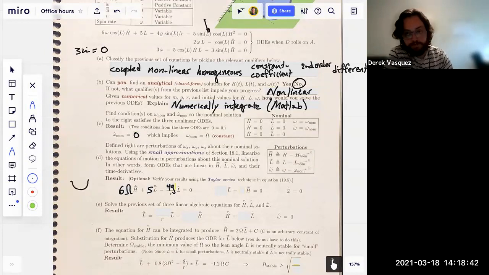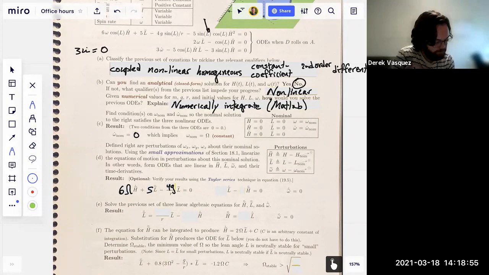It's a parabola at our nominal point of 0, where the slope is 0. So a linear approximation of H dot squared at the point 0 is 0. That's why we don't have that term.